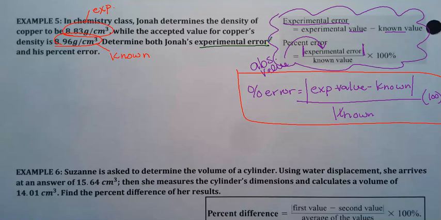So the experimental value. Okay, so our experimental error, I'm just going to put EXP error, is going to equal, you said the experimental value, so in that case that's 8.83 minus the known value.